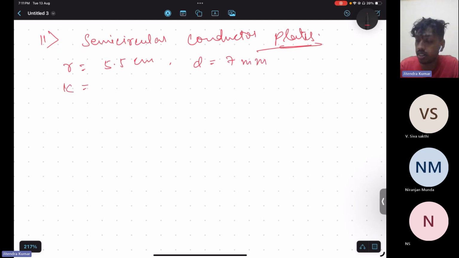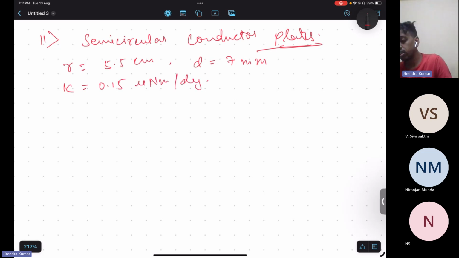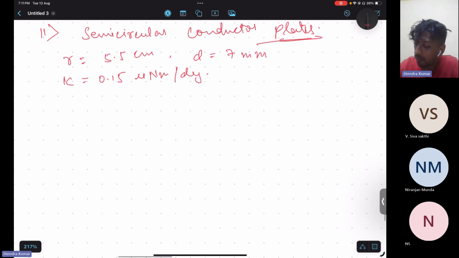The spring constant is 0.15 micronewton meter per degree. Now we need to compute the deflecting torque when 1.6 kV voltage is applied between the plates.